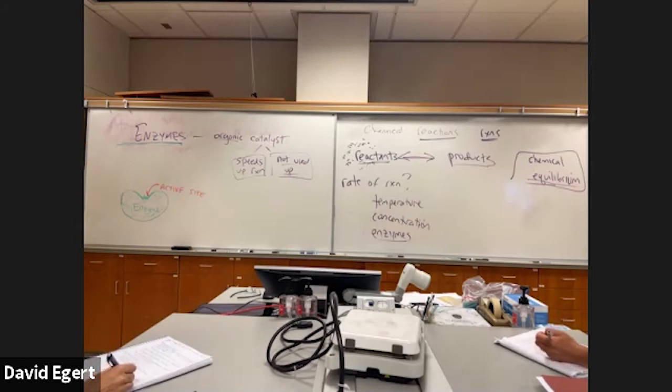Table sugar, sucrose, is a disaccharide, a glucose and a fructose together. We want to break it apart into two, but it won't break apart on its own easily. So there's an active site on this enzyme whose job is to break apart my little sucrose, my little disaccharide.